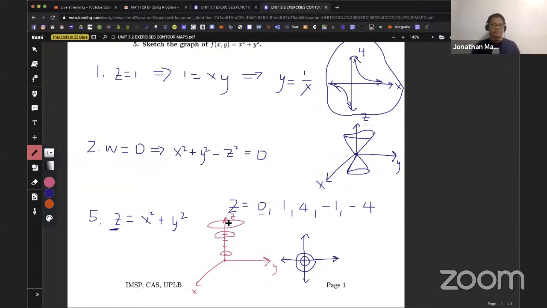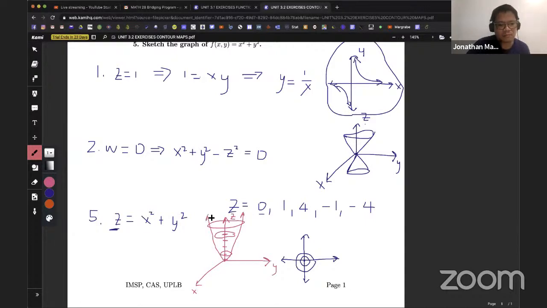Kung titingnan mo siya sa cross section, ito yung makikita mo, yun nandun sa right part. They are actually concentric circles. Pero in reality, ito yung magiging graph ng function.